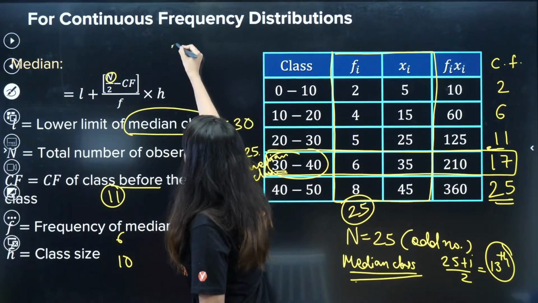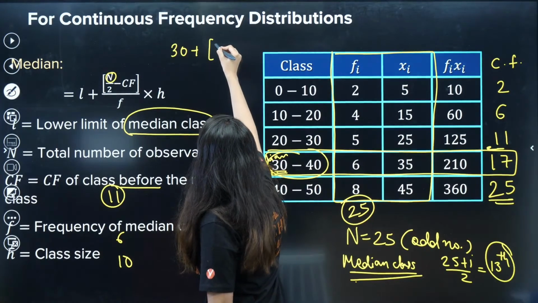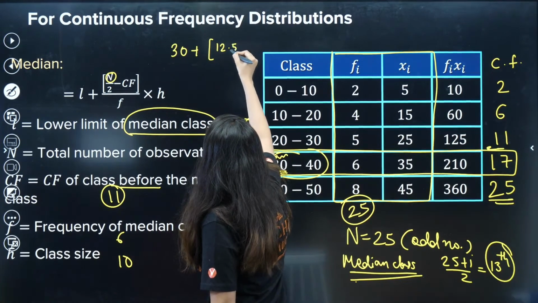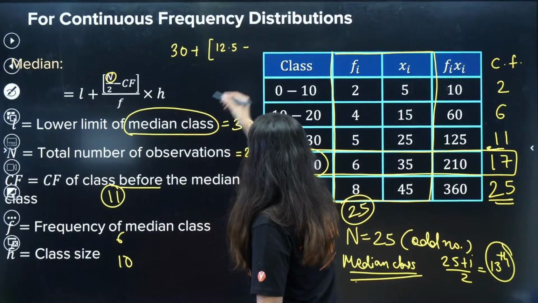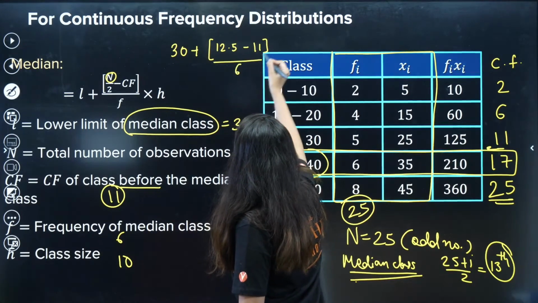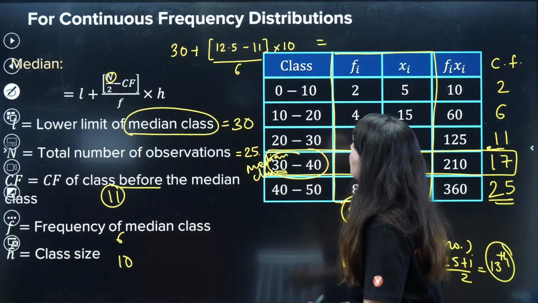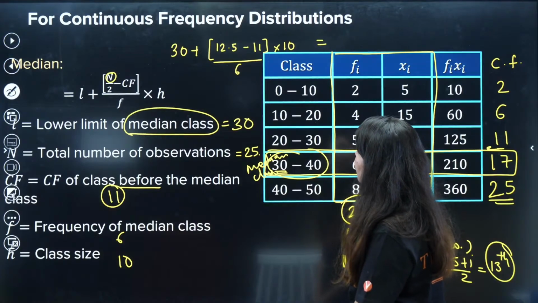So L is 30 plus, N by 2 is 25 by 2, that means 12.5, minus cumulative frequency 11, upon frequency 6, into 10. Solve it, get the answer. So it would be 1.5, that is 3 by 2.